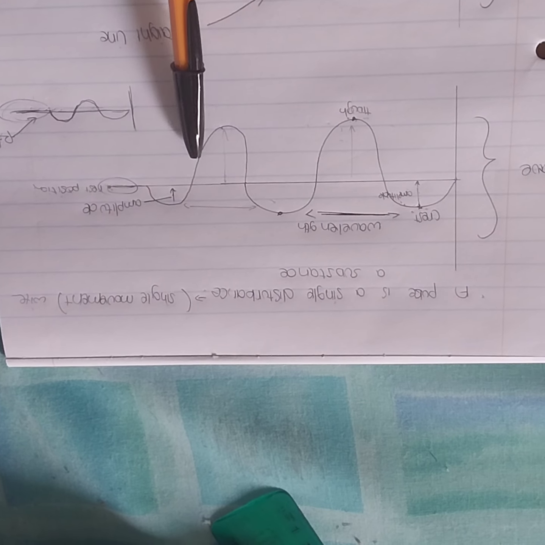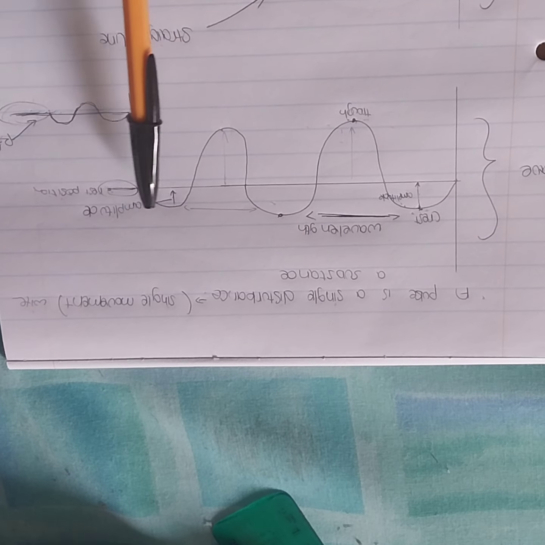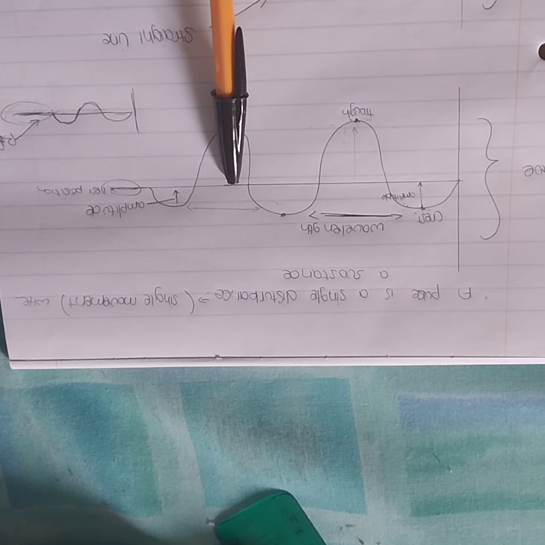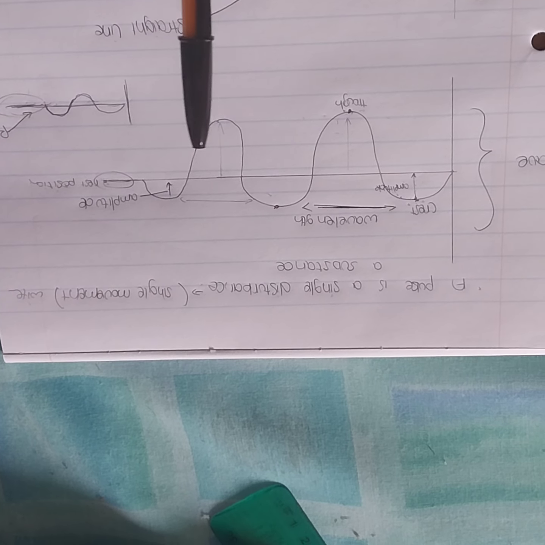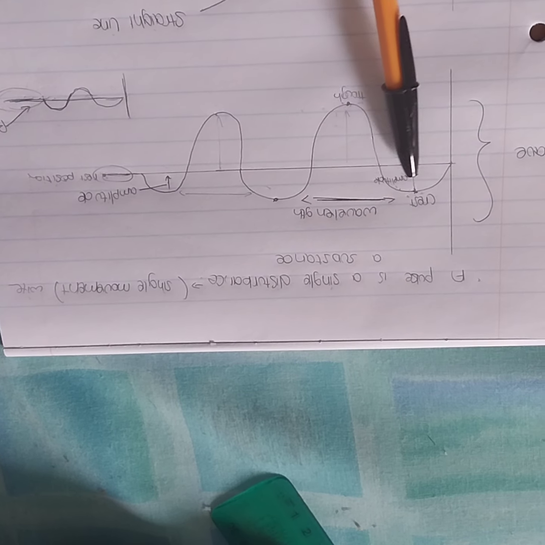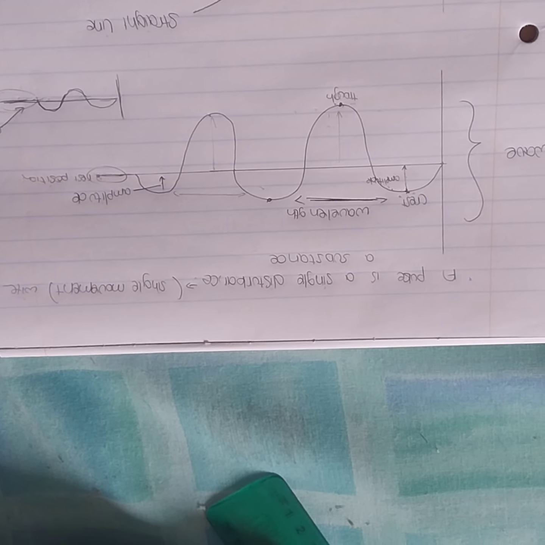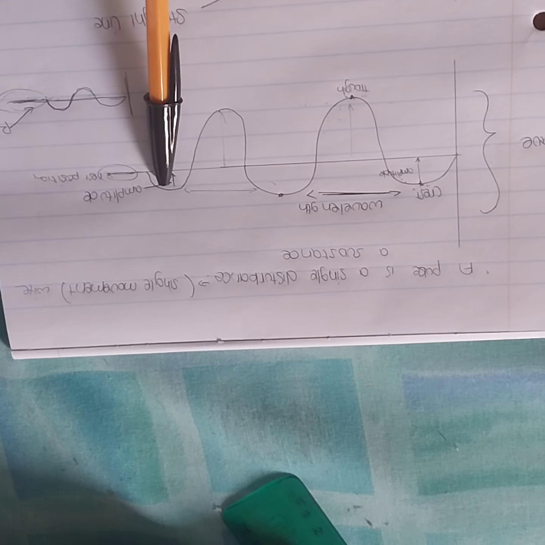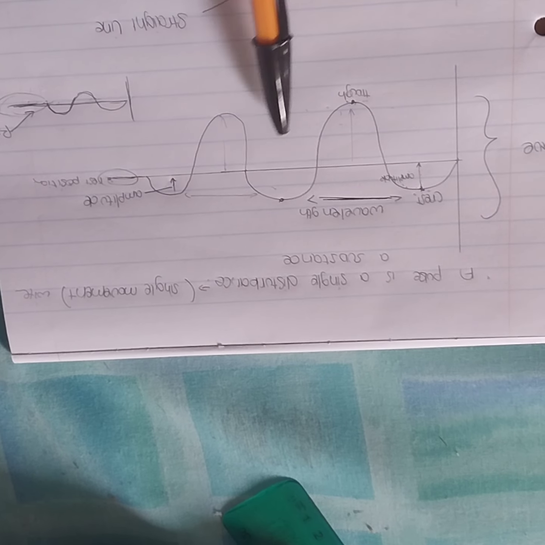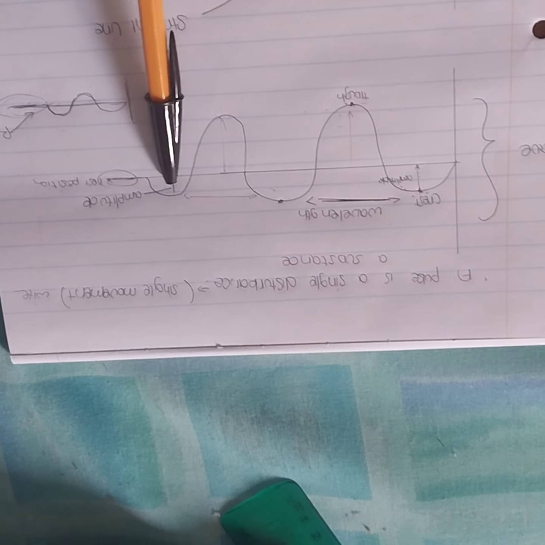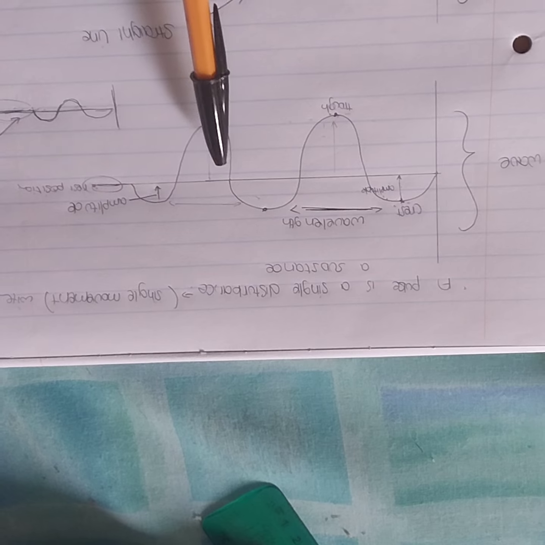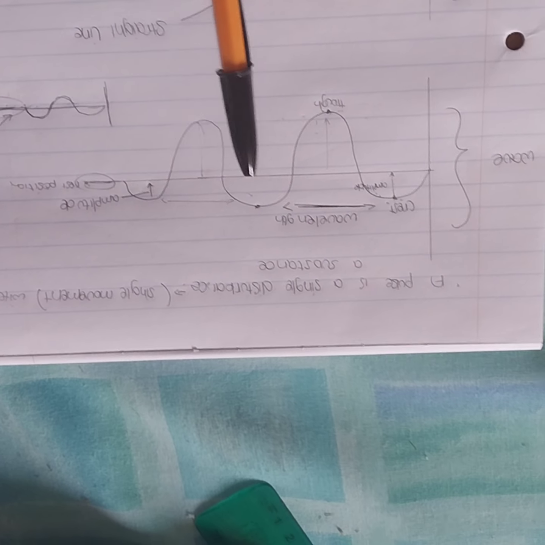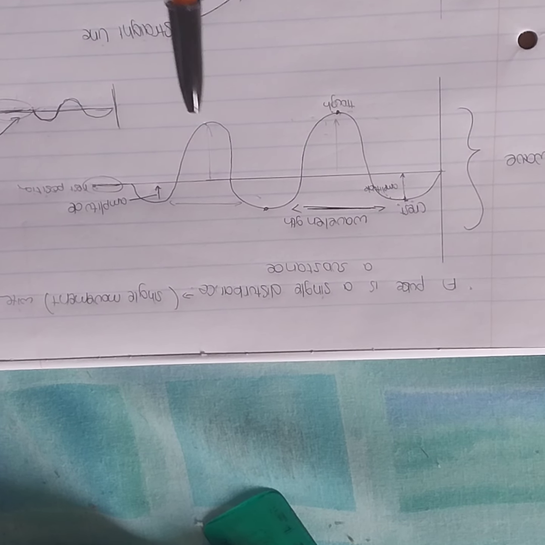So this over here is an amplitude, this over here is an amplitude, this over here is an amplitude. Amplitude measures how big or small a pulse is. So this over here is an amplitude, so this pulse is small. This over here is an amplitude, so this pulse is big.